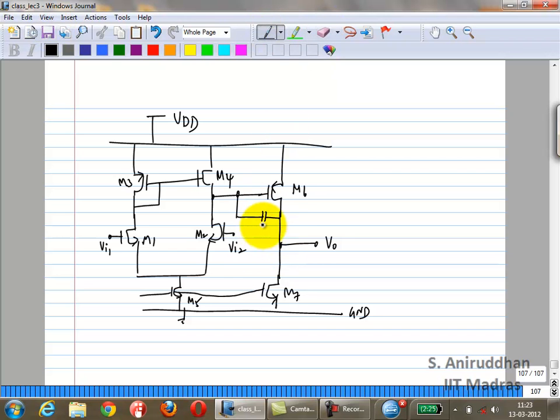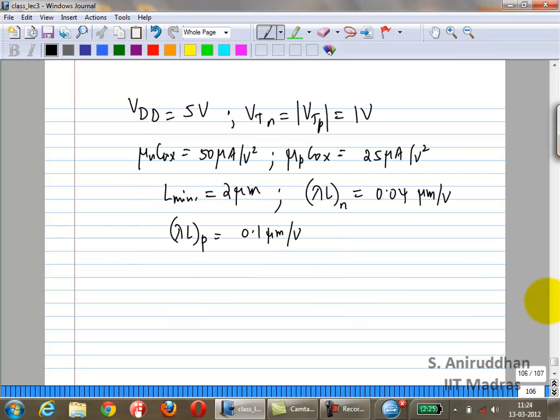So I think I use CC for the simple case, right? And let me call this current IA. I'm going to call this current IB. These are the two bias currents, IA and IB. Okay, so yes, that is an important point.